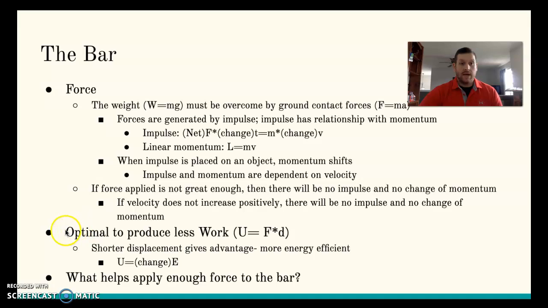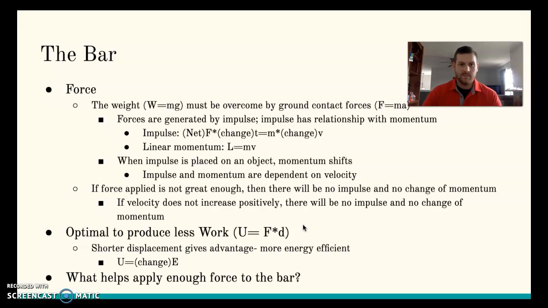There's also a relationship with force that results in work. And what we want to do is preserve the amount of work. That's actually going to cause us to expend less energy, and I'll explain. So work is force times displacement. Again, we want the bar to travel in as short a path as possible and produce as much force as we possibly can in order to get the thing off the ground.